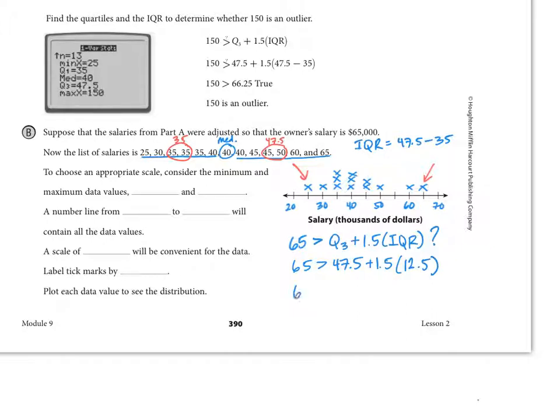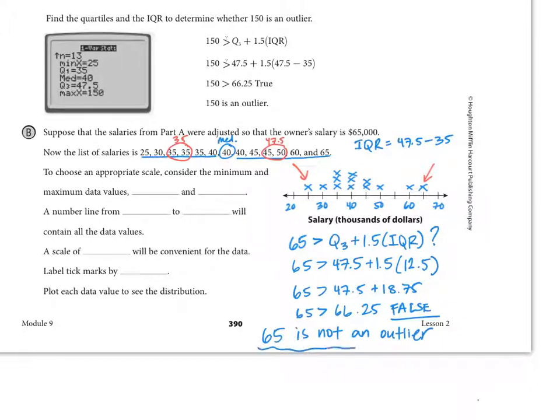And I get 47.5 plus 18.75, which leads me to: is 65 greater than 66.25? So this is actually a false statement. And because it's false, that means 65 is not an outlier. If it were an outlier, it would be bigger.